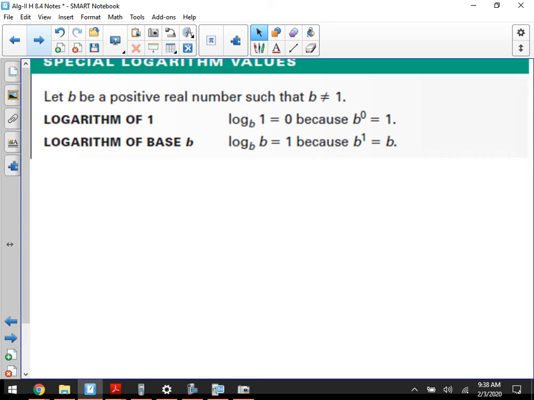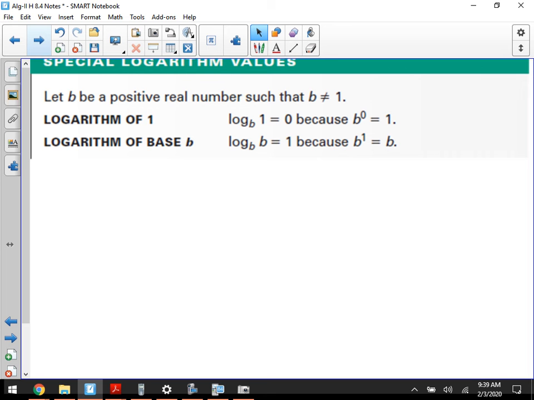Log base b of 1 is 0. That base b can be any base. It can be log base 6 of 1. That just means 6 to the 0 is 1, because this implies b to the 0. And that's where that comes from. Same deal when you have same bases.